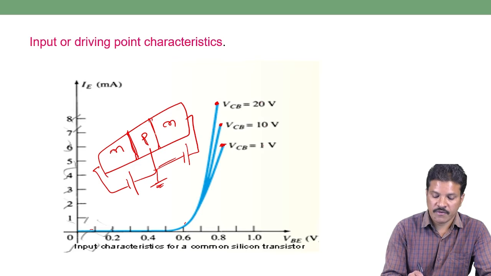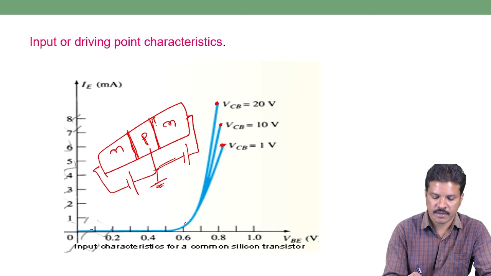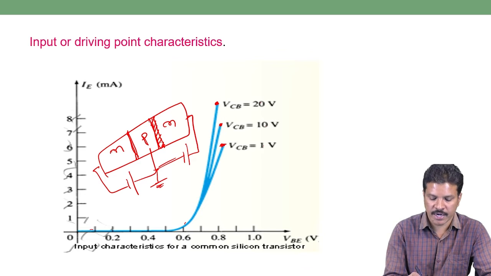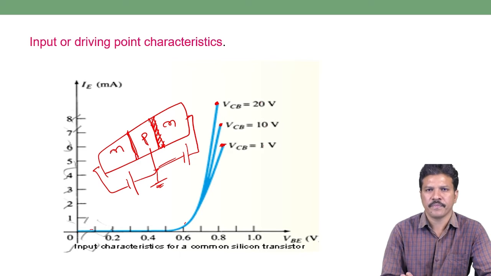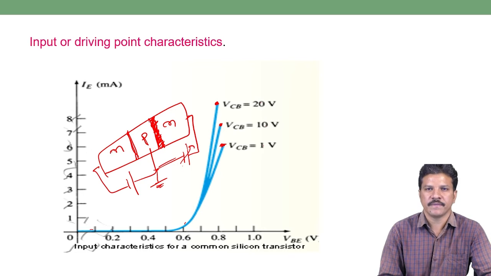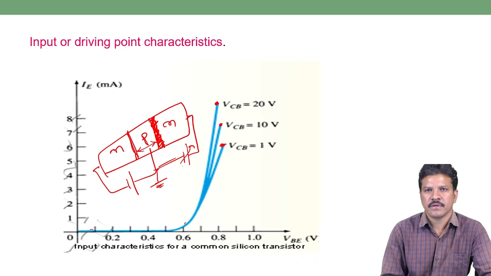When the base and collector are reverse biased, the junction width increases. Compared with the emitter-base junction, the collector-base junction width is larger. When the depletion width increases by increasing the collector-to-base voltage, the base width is reduced.